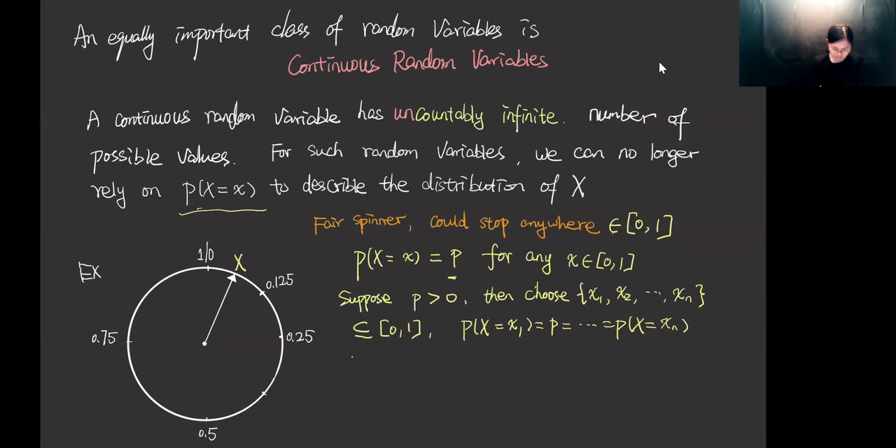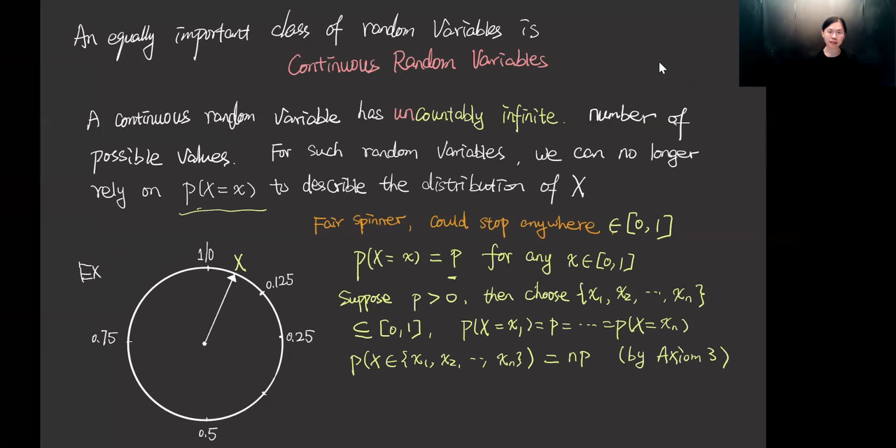And that means the probability that x belongs to this set should be n times P by axiom 3, the third axiom of probability, right?